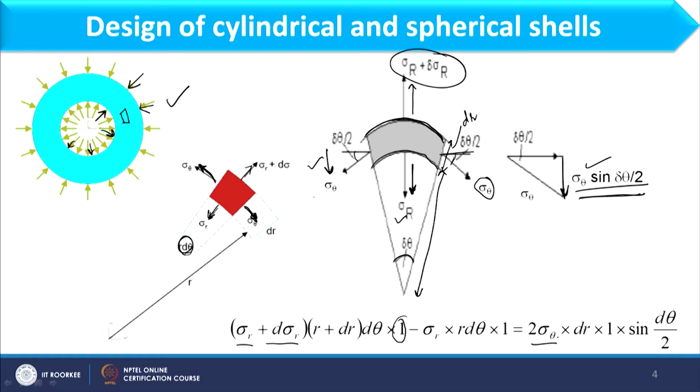So, 2 sigma theta into dr, dr is basically this distance into 1, that would be the length. So, dr into 1 would be the acting area for this component into sine d theta by 2. So, in this way we make the force balance in this particular section of the thick walled vessel.